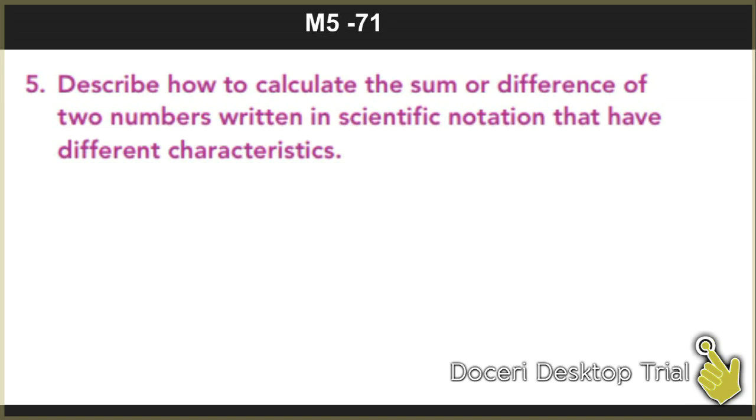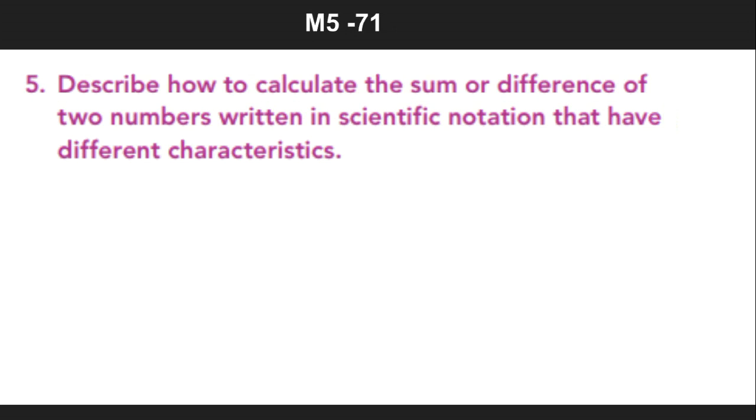So what we have to do, first and foremost, is make the numbers have the same characteristic, and then we can add or subtract. We're not going to write any steps there right now, but I just wanted to draw your attention to this question so that we all remember that we have to convert first. There's no trick for adding and subtracting in scientific notation until we have them in the same characteristic.